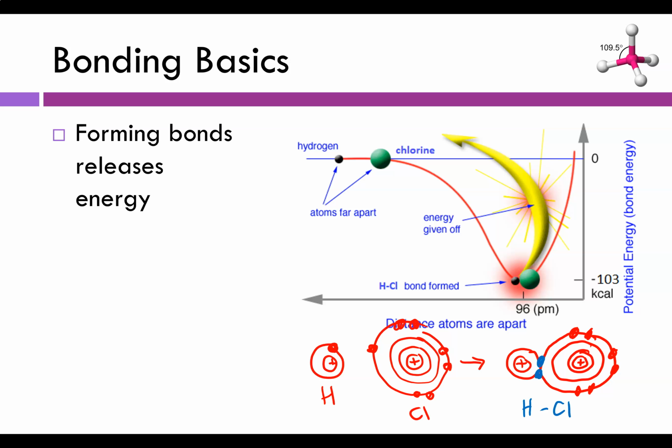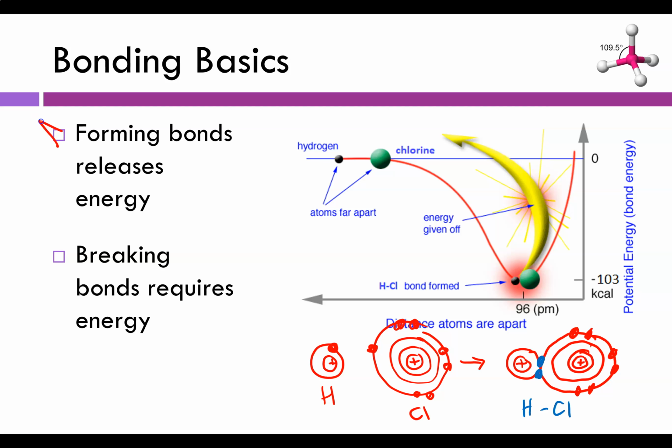They would rather bond so they can lower their energy. So breaking bonds always requires energy to be put in. And these are two concepts that new chemists often struggle with. The formation of bonds completes octets, therefore stabilizing the atoms involved in the bond and releases energy. Breaking apart that molecule, that bond that has formed, requires energy as we're taking apart stable octets.